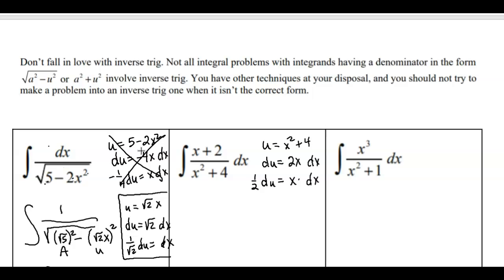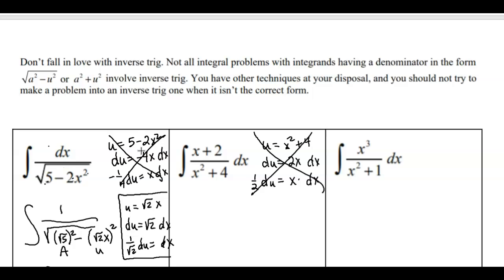Well, the only issue is I don't have an x dx, I have an x plus 2 dx. And if I manipulate the u like we did before as our trick, that doesn't work either because you can't take the square root of u. Like, you're not allowed to do that at all. You're only allowed to multiply or divide by numbers. So what that means is that that's not u.